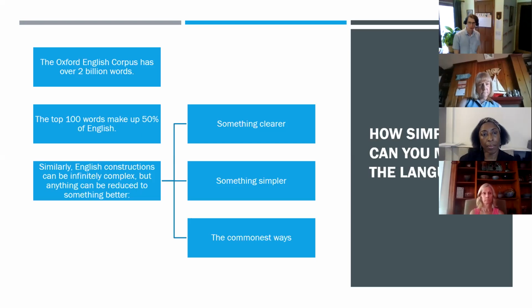According to the Oxford English Corpus website, they have over 2 billion words in English. So probably they add to this as words are invented. However, the top 100 words make up 50% of English. So most of what you say in here is only 100 words. I should say half of what you say in here is only 100 words.